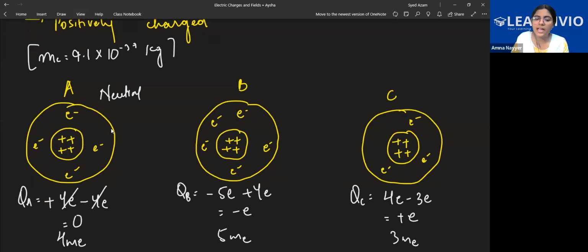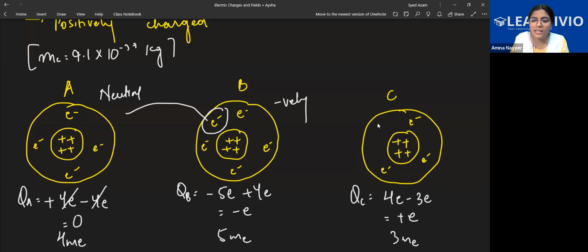Now I just added 1 electron to this neutral element. So by gaining an electron, you can see by the calculation also, it made this body negatively charged. But what happened? Mass of electron became 5 m_e. Means the associated mass of the electron also came. If an electron is coming, it won't leave its mass behind. Mass will also be along with the electron.